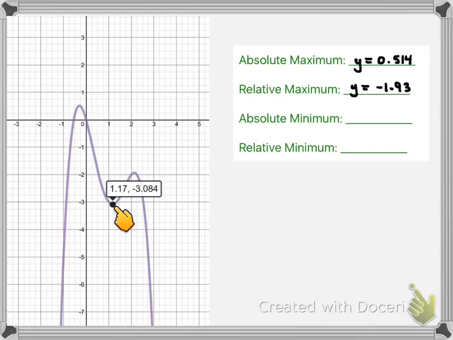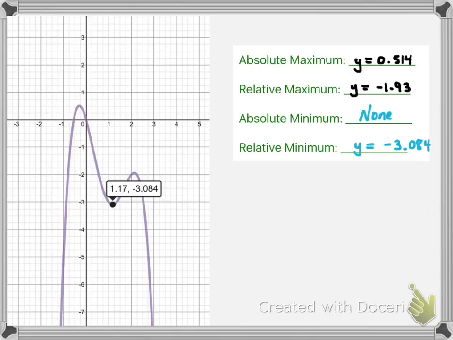In this case, if I look over here, since this continues to go down forever, this couldn't be the absolute minimum, so it's referred to as a relative. As I said, there is no absolute minimum because your graph continues to go down forever, and your relative minimum would be at negative 3.084. It is the y value.